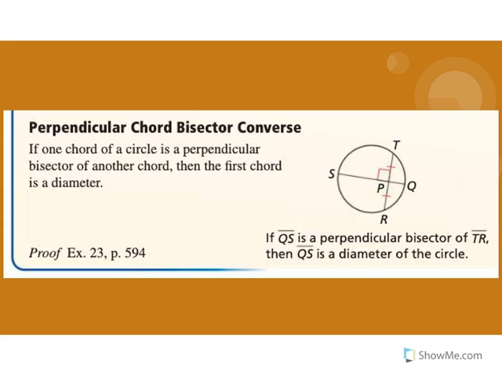This is the third that we're going to use right now. It's the converse, so backwards from the one we just talked about. If you have a chord that is bisected, so this part of the chord and this part of the chord are congruent, and it makes a right angle with whatever this chord is, then it means that this chord is a diameter.